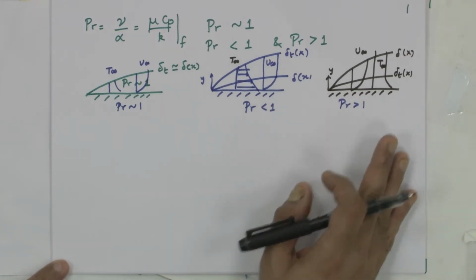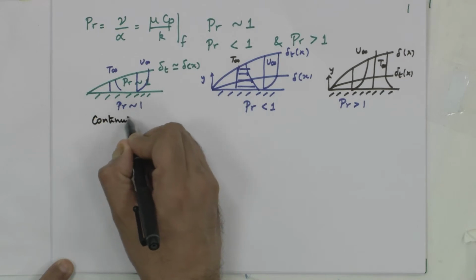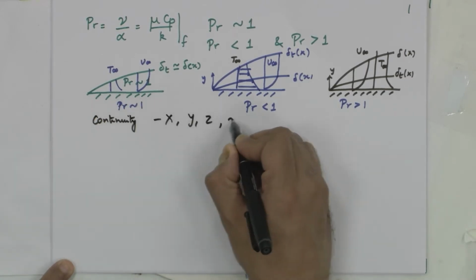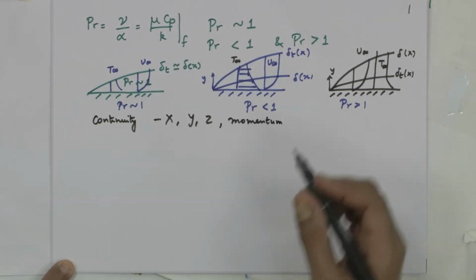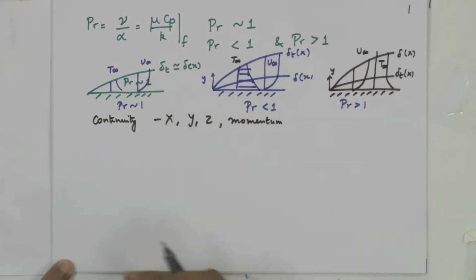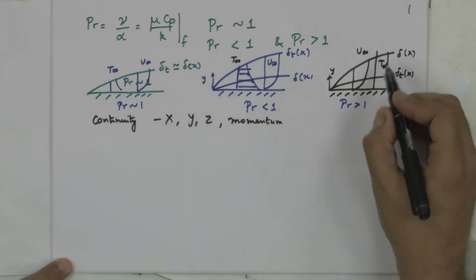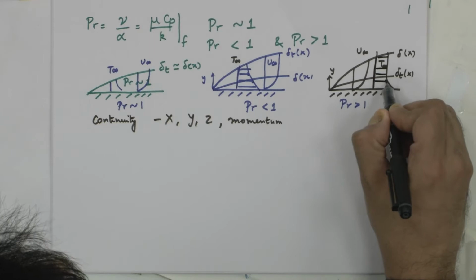Therefore, instead of solving the complete set of continuity and x, y and z momentum equations in all their entirety in the whole flow field, that is y equal to 0 to infinity and all the way along the length of the flat plate, we will be able to solve certain simplified versions of the equations depending on where we are.